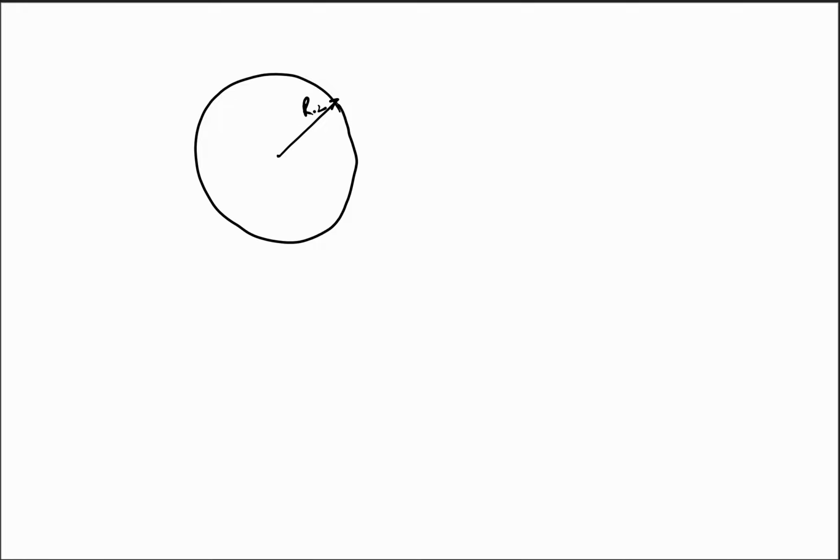This is R2, and let us also assume that it is given that up to R1 initially it had a uniform spherical charge density with charge density equal to rho naught. This is air, and this sphere is made of a material which is having conductivity sigma and permittivity epsilon.